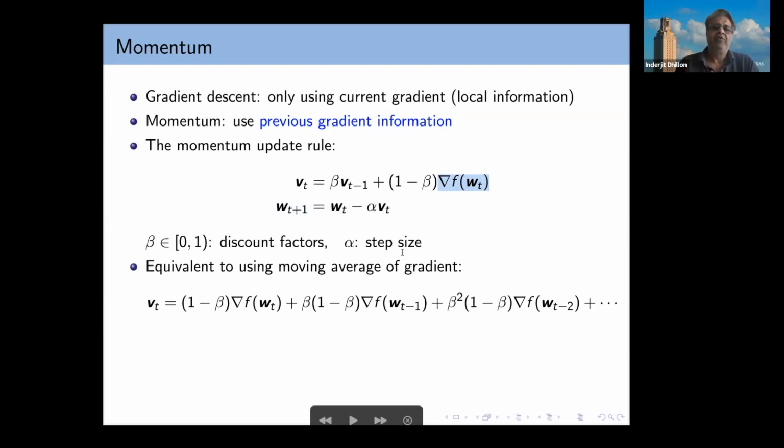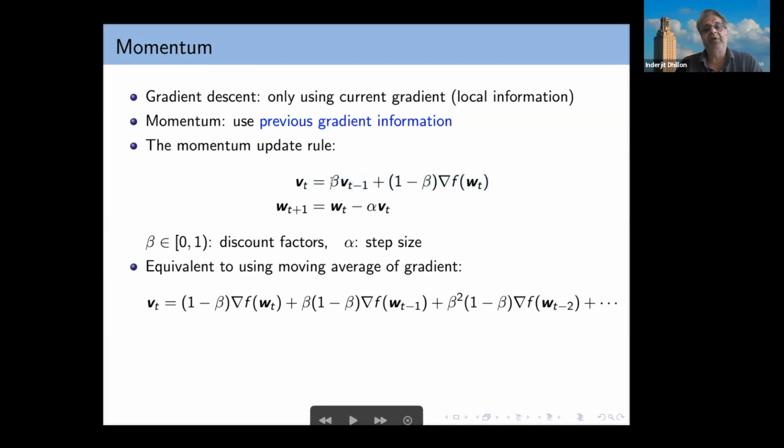One way of doing it, where you end up taking an exponentially moving average, is to do the following. You maintain a momentum vector, Vt. Think of beta as some value between 0 and 1. At one extreme, it can actually be 0, and you take a convex combination of the gradient and the old value, Vt minus 1.